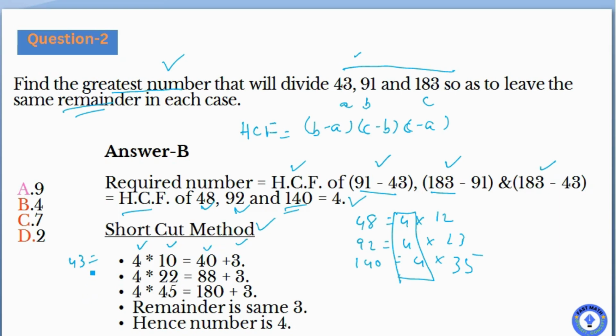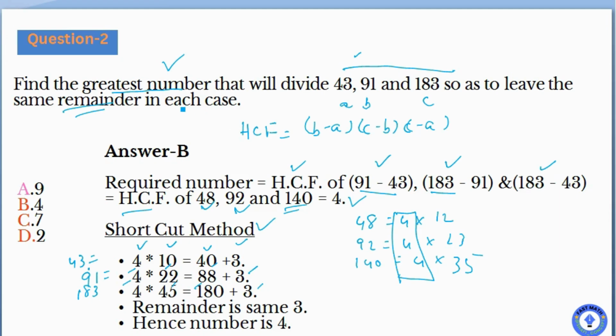Likewise, 91 is equivalent to 4 into 22, that is 88, plus 3 as the remainder. Likewise, 183 has the factors 4 into 45 and the remainder is 3.